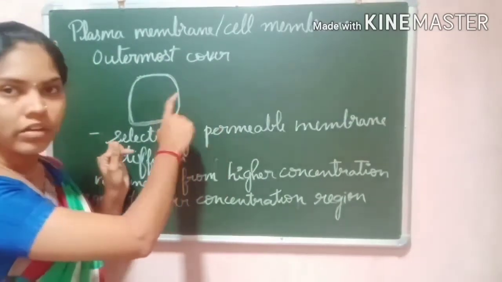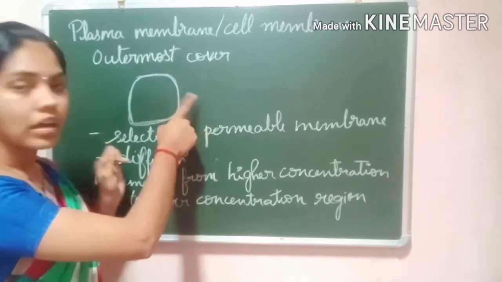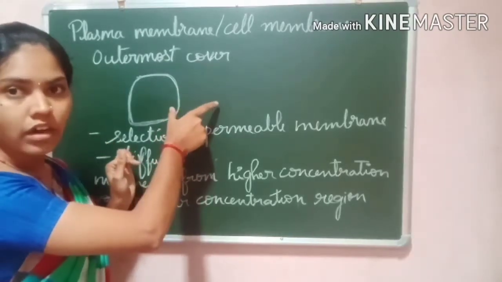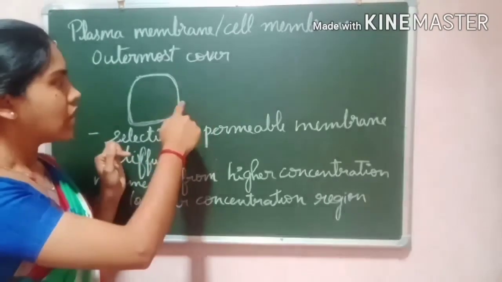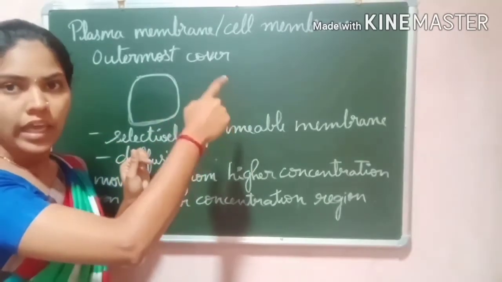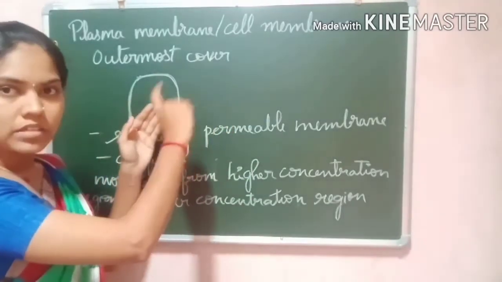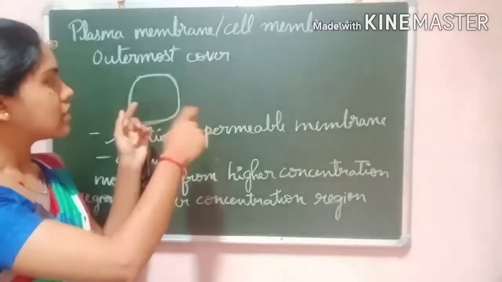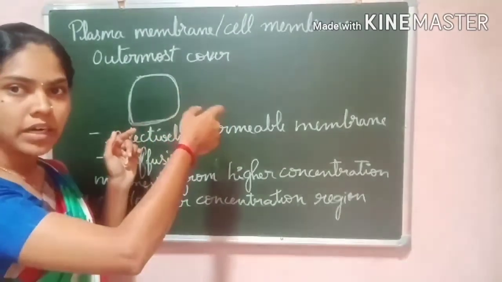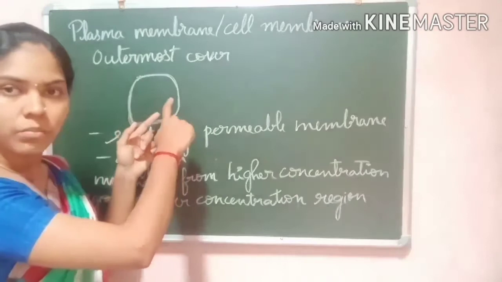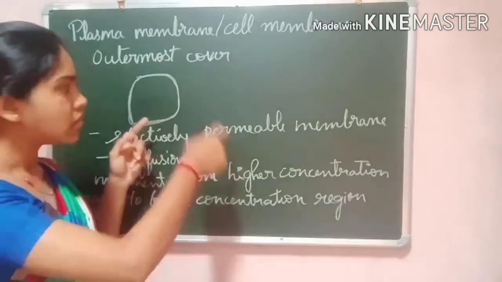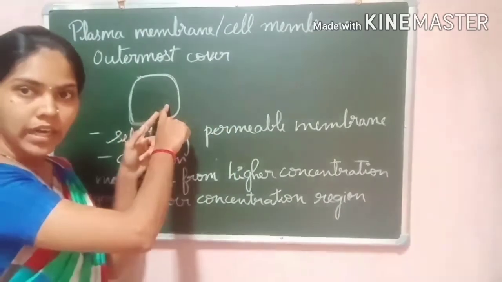So there exists a difference in concentration level of carbon dioxide. This will lead to the excretion of carbon dioxide from the cell by the process of diffusion.